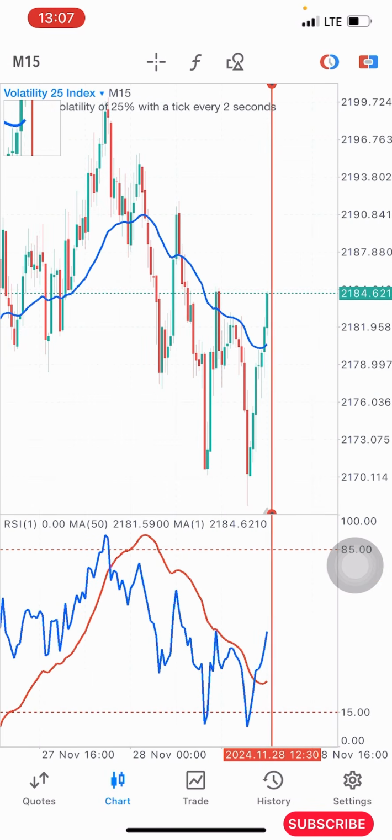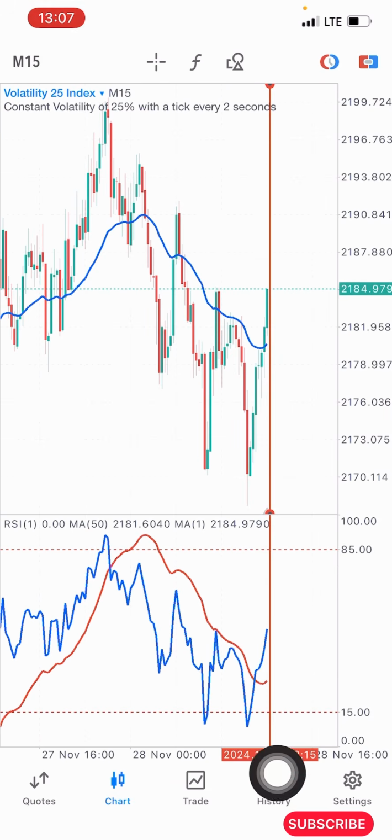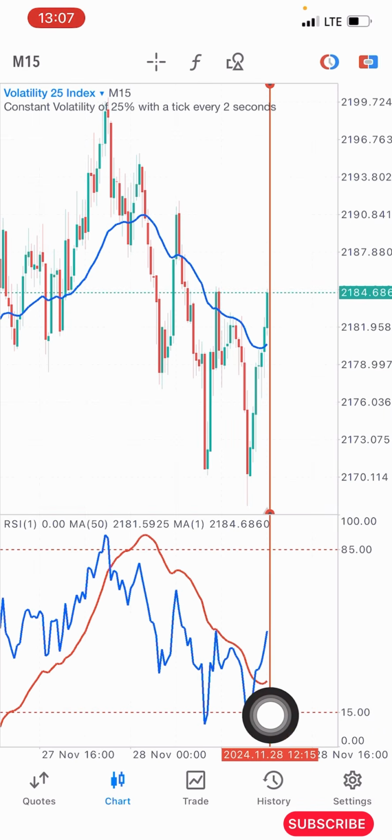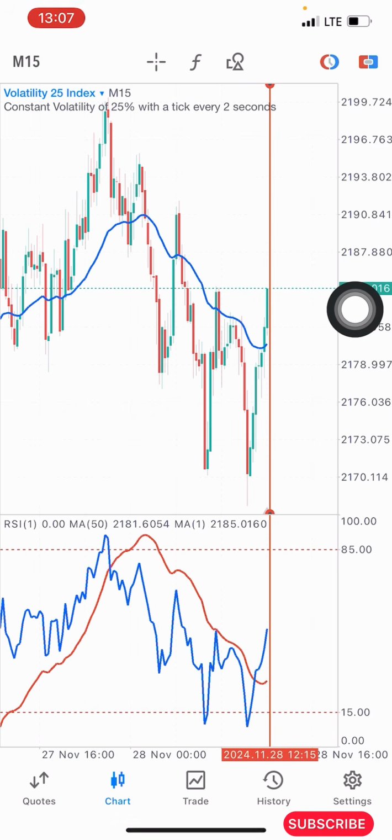You place your screen at this area. It needs to be in the same line with this history icon here. It needs to be in the same line with this icon like this. This is where it's going to be giving you the accurate signal with this strategy.